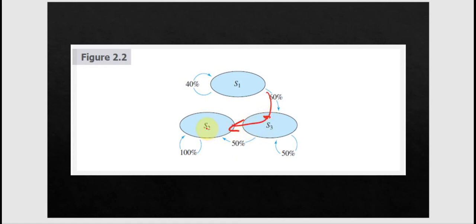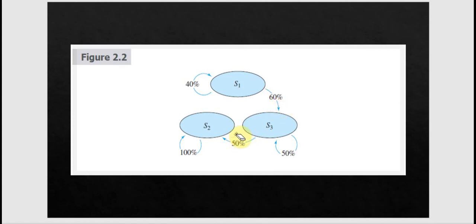Because S2 is the absorbing state, and S1, S3 are non-absorbing. Yes, I can get there in 1. And when I'm drawing these lines and connectors, I'm following what's there. So that's what they're talking about.